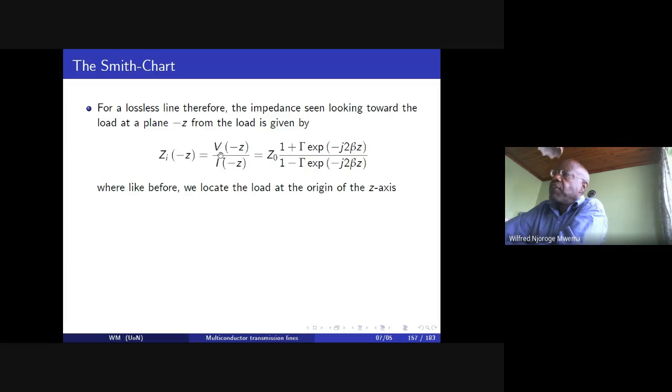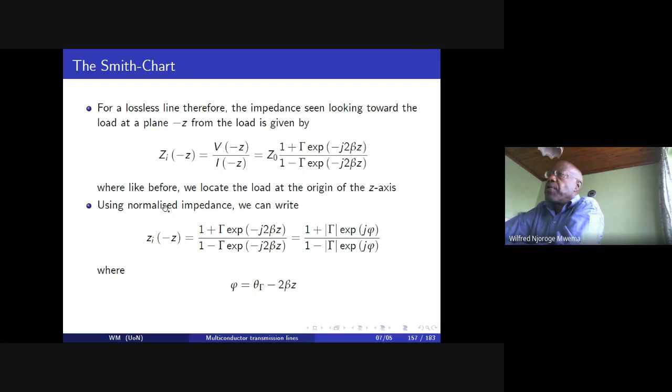Therefore it will be V of minus Z over I of minus Z, which we already obtained as Z0 times 1 plus gamma exponent of minus j2 beta Z over 1 minus gamma exponent of minus j2 beta Z. We can change this into the modulus and add in the angle of the reflection coefficient, where the load is at the origin of the Z-axis.